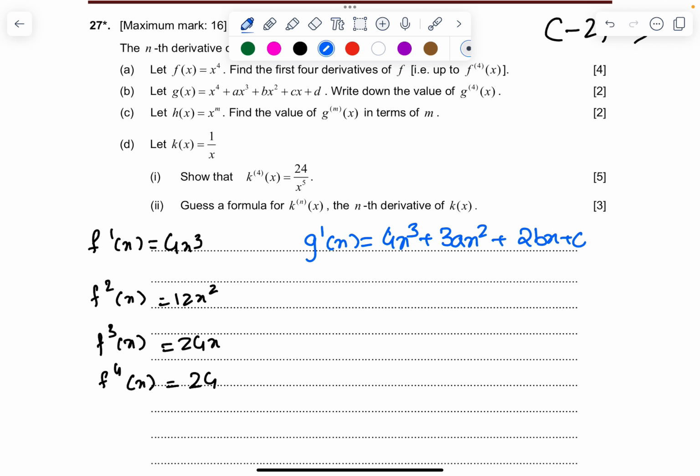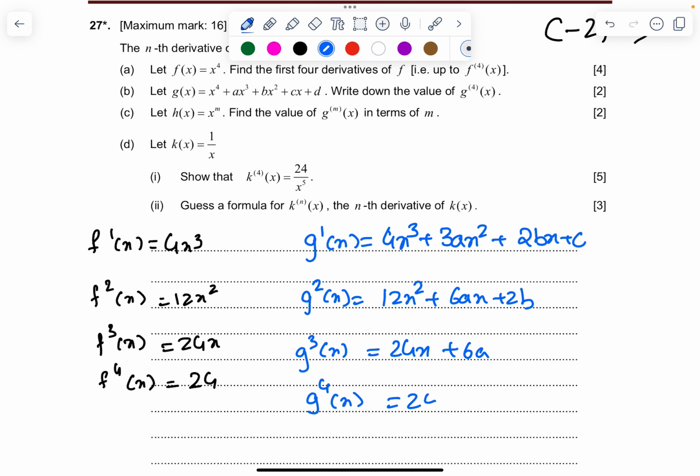Then the second derivative is going to be 12x squared plus 6ax plus 2b. And the third derivative is going to be 24x plus 6a. And the fourth derivative is going to be 24.